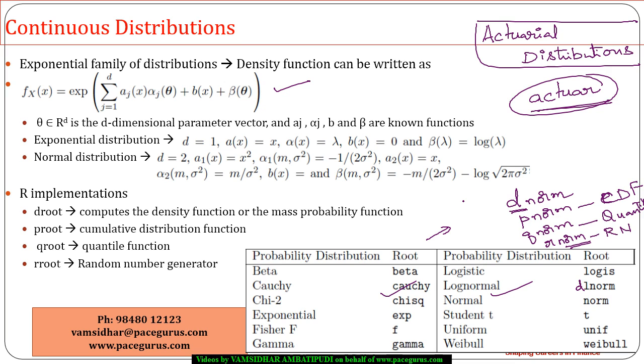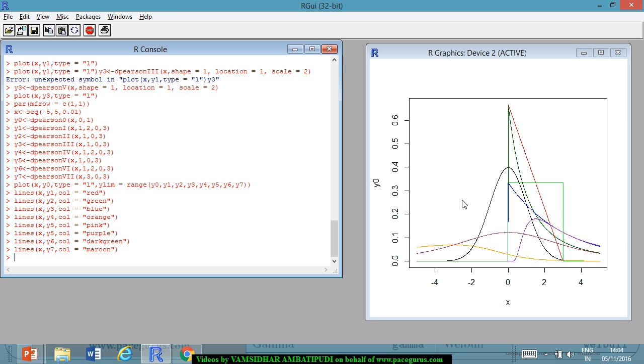So let's quickly try it out. Let me take R. So here I want to try out different kinds of distributions, let's say a gamma distribution I want to try. So we want dgamma, correct?